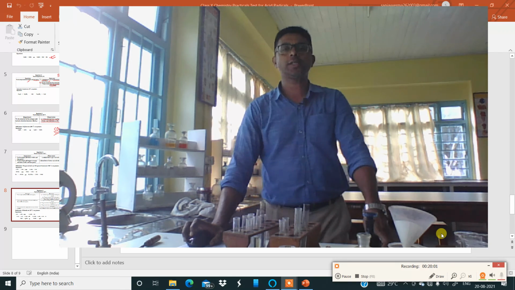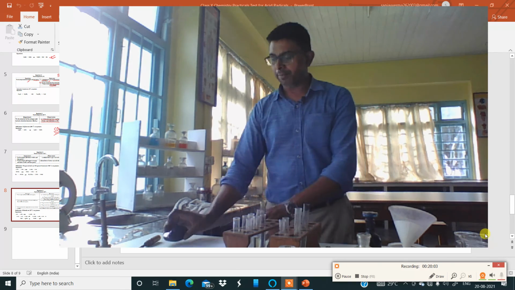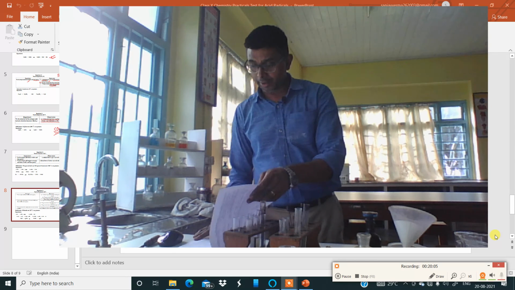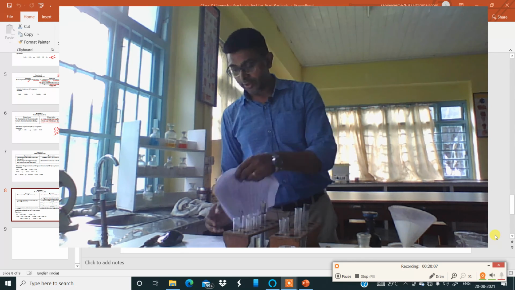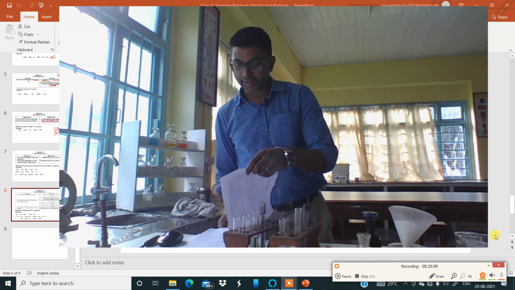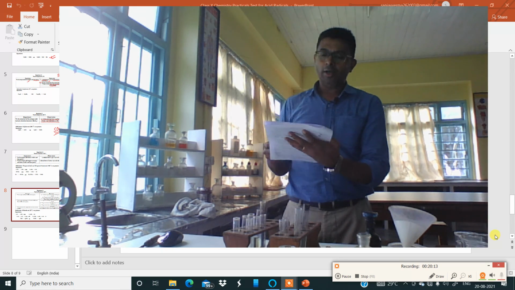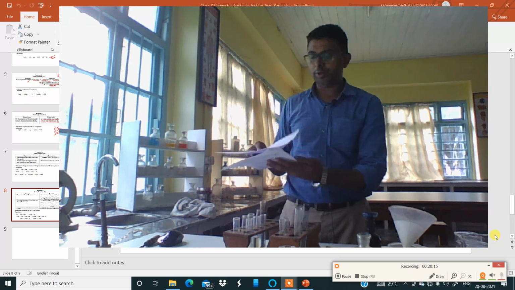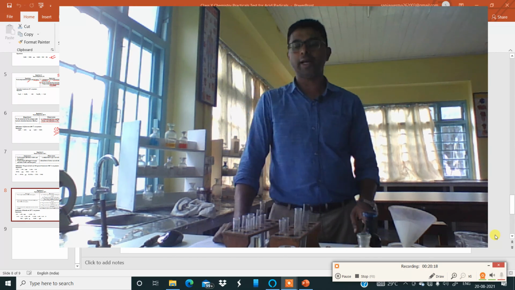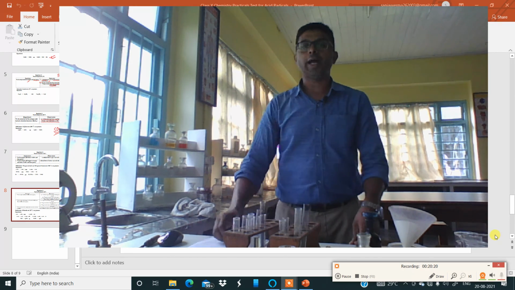There is also experiment number 17, a very important test to distinguish between cupric oxide and manganese dioxide using concentrated hydrochloric acid.